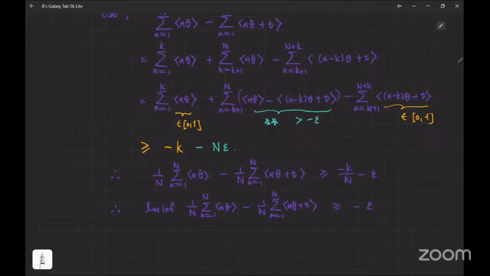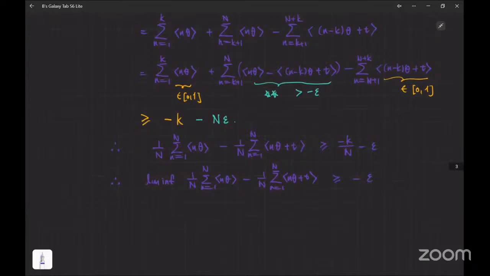And as epsilon is arbitrary, we have that the lim inf of the difference in averages is greater than or equal to 0.